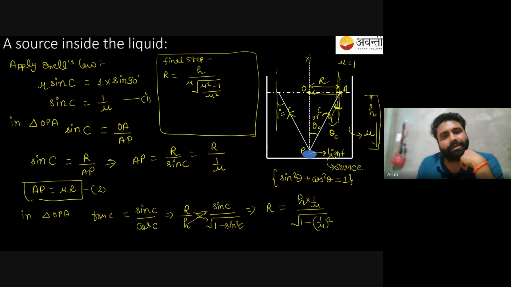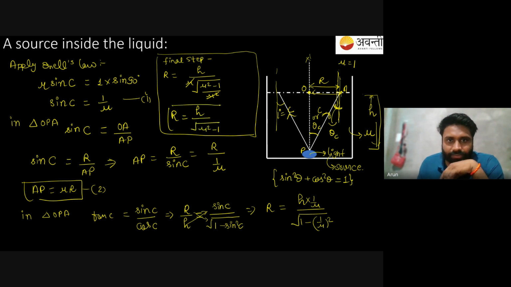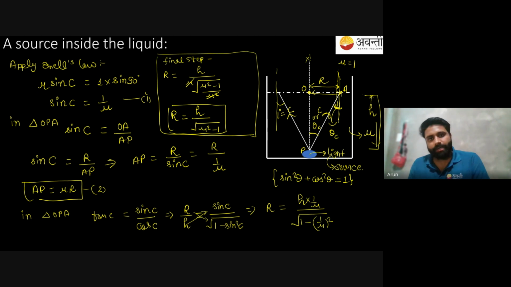This mu square comes out from the square root and becomes mu, and this cancels this mu. So r here is nothing but h over square root of mu square minus 1. So this is the radius of the circle of illuminance you have. Okay. So if you have any doubt, you can ask.